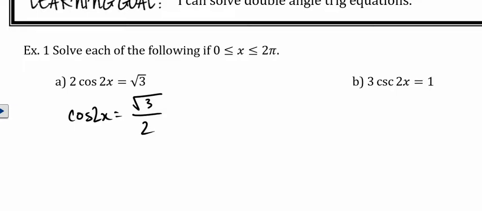What if we do shift cos on both sides, right? Doesn't this just look like cos theta equals root 3 over 2? Except instead of theta, it's 2x, but it's just a thing.